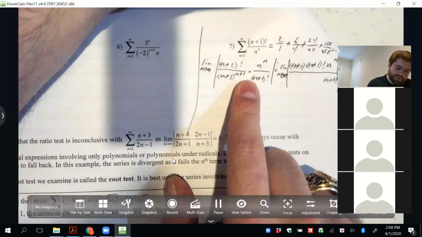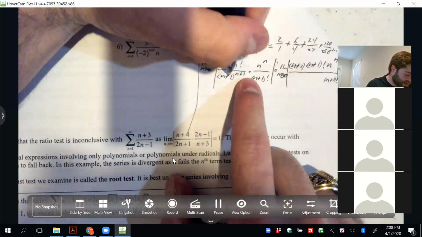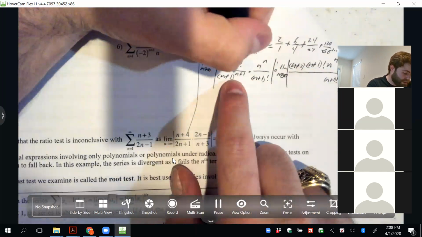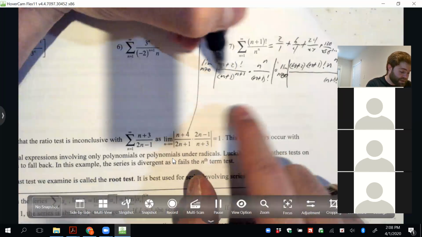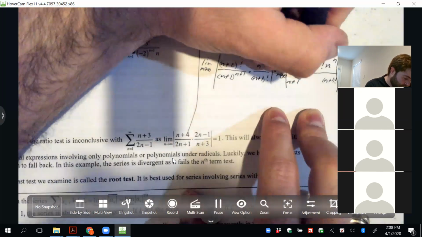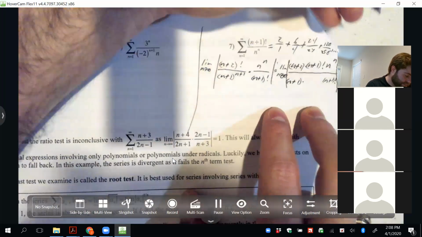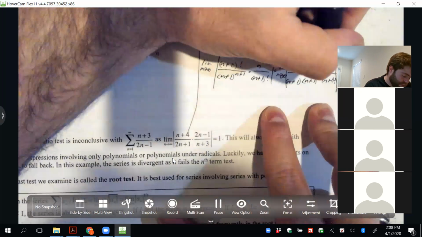Then right here, I'm going to do the same thing as before with our exponents, because this is really n plus 1 to the n plus 1 power, which can be split up, so n plus 1 to the n power times n plus 1.